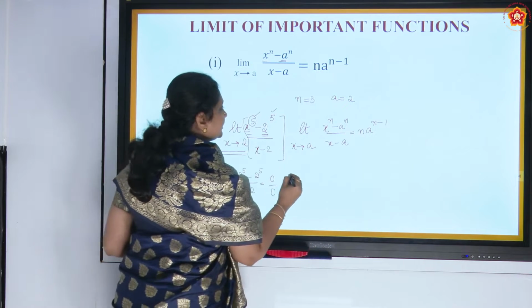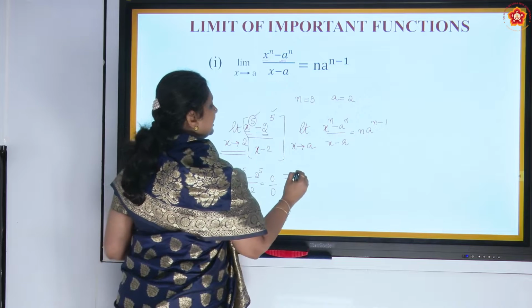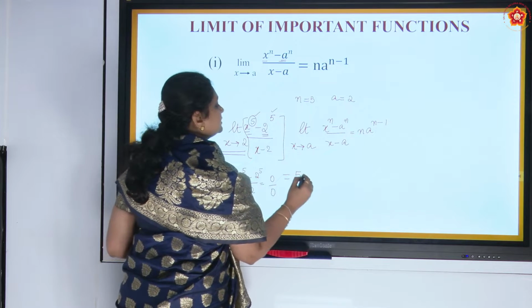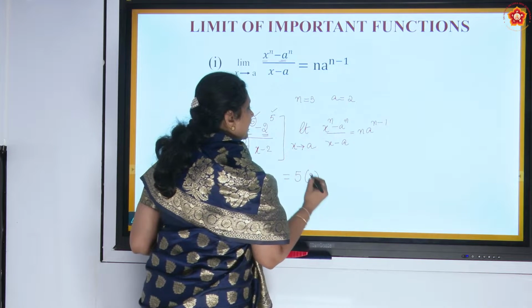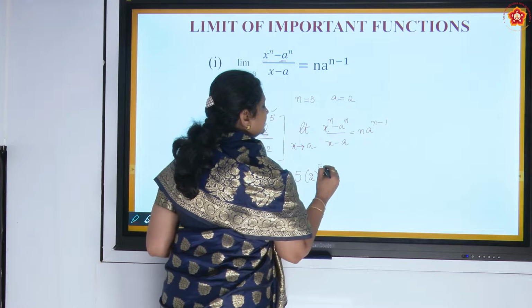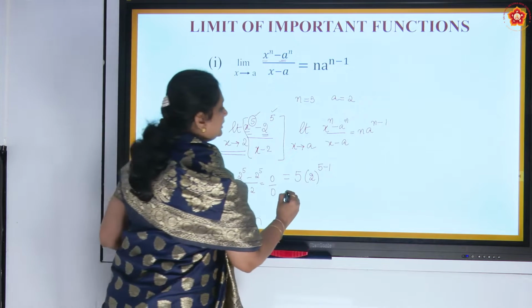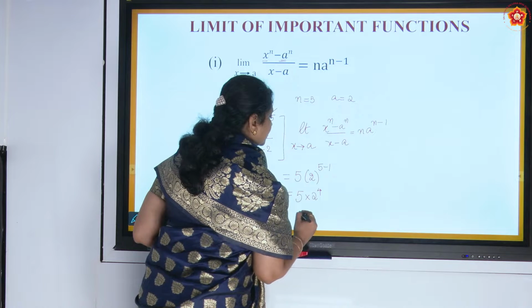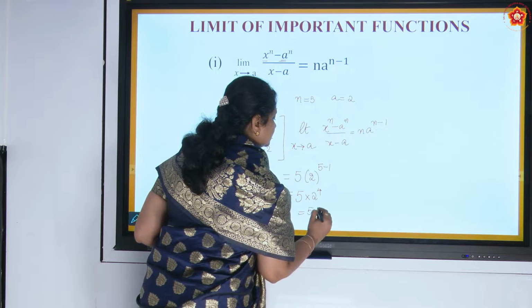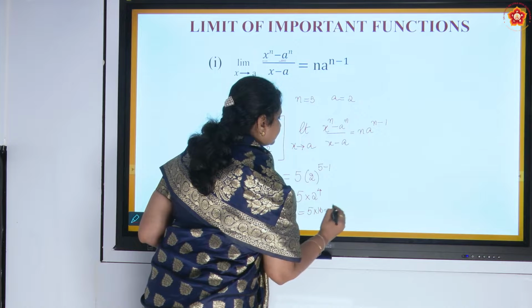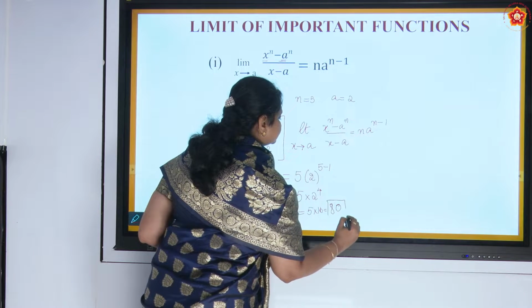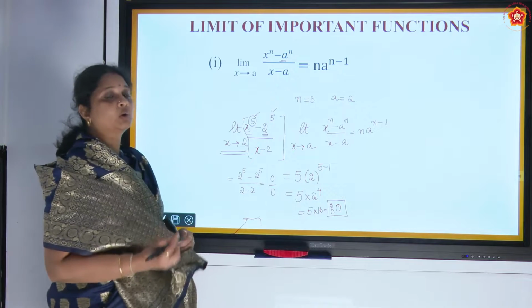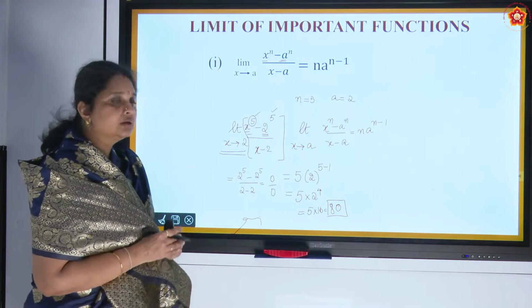Here n is 5, and a is 2, so it's 5 minus 1 in the power. So it's going to be 5 into 2^4, which is 5 into 16. That's nothing but 80.